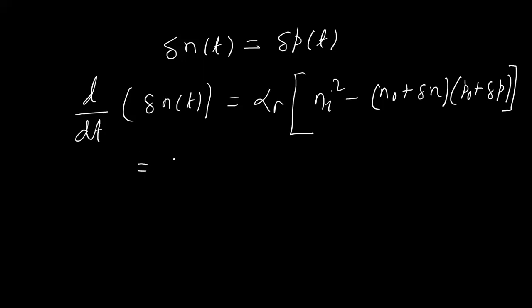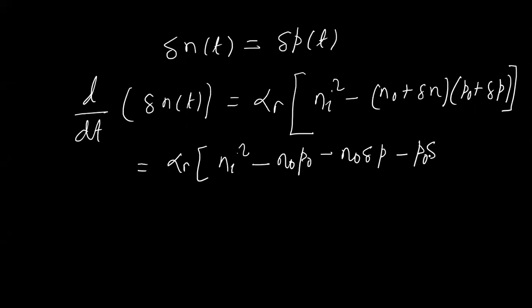So we can write alpha r times ni square minus n0 p0, open the bracket, and then n0 delta p, p0 delta n, minus delta n and delta p. Both are functions of time. Delta n and delta p are always functions of time. Okay, this we got, right?